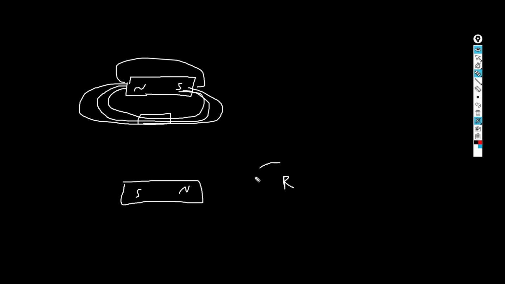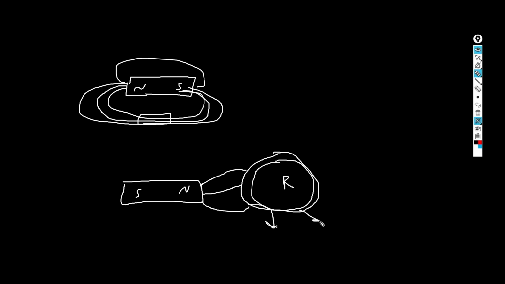You place a soft iron around it, like a soft iron ring. The magnetic field would come out of the north, and it would be absorbed by the soft iron, and then it would be deflected away radially from the soft iron, protecting the object, which is inside.